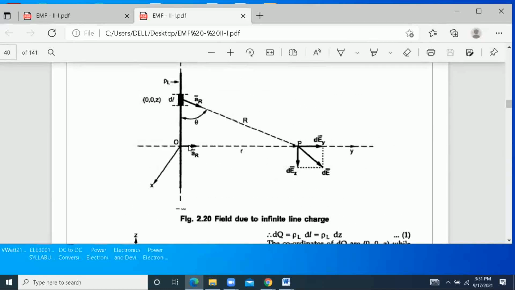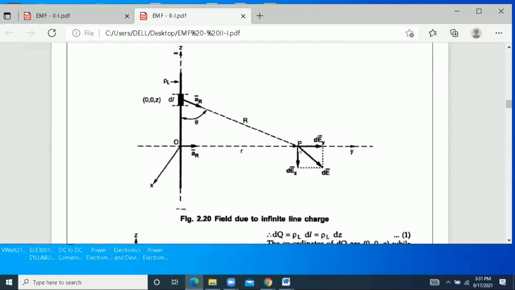Now, the contribution to your electric field at this point due to this differential length of line is going to be different from the contribution due to a certain differential length here.